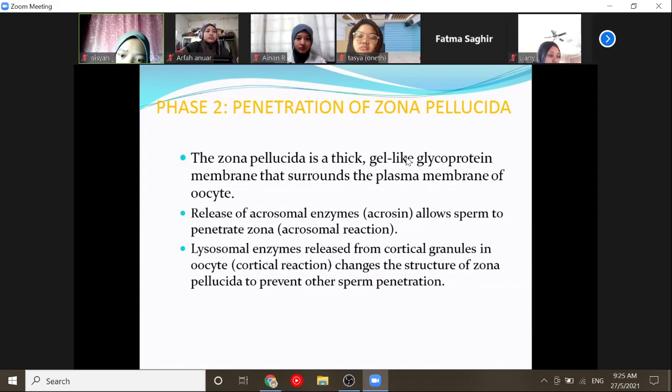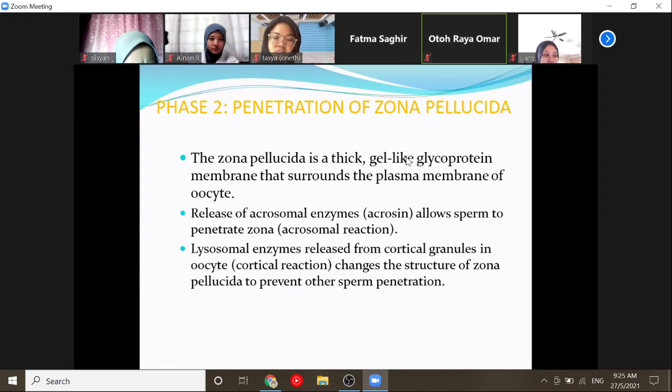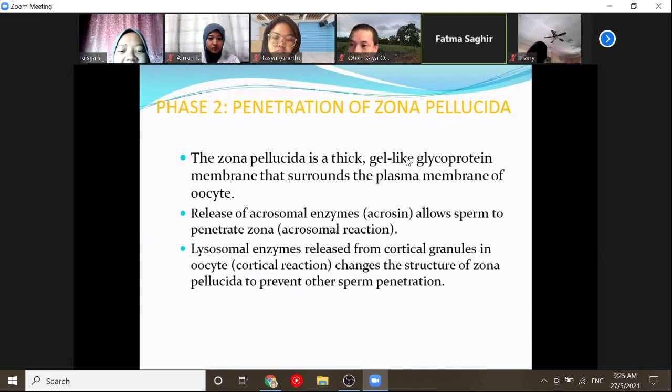Physiologically, the sperm has to meet the ovum at the site of fertilization, which is? Fallopian tube, uterine tube, at the middle of the fallopian tube.